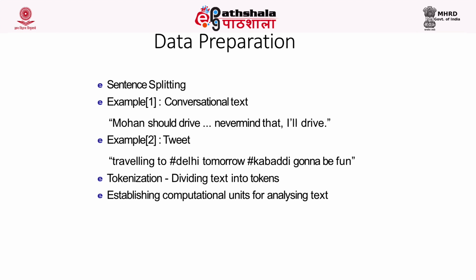So the next step is tokenization. After splitting the text into sentences, within a sentence one needs to split the sentence into tokens, or for our purpose we will call them words. Dividing text into tokens means we need to identify each word by itself, establishing computational units for analyzing text.